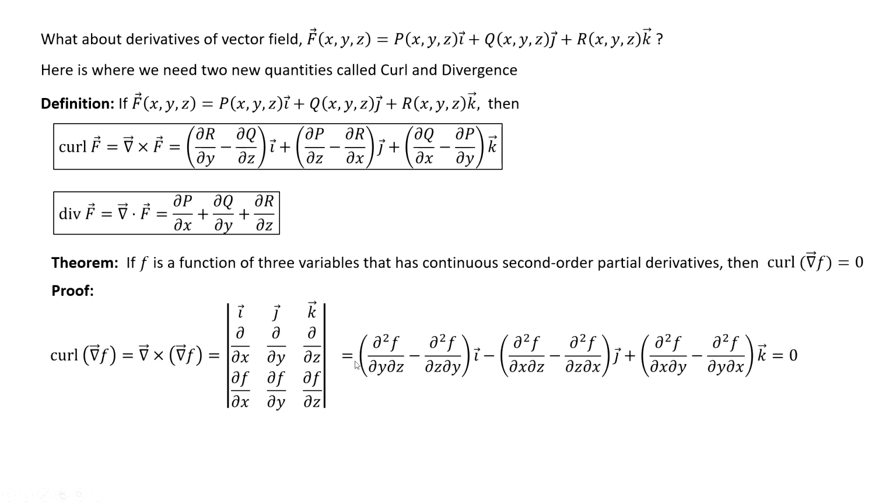If you change the order of differentiation, it shouldn't make any difference. Well, that means this right side quantity is exactly the same as the left side quantity, making this go to 0. Similarly, these two are equal, they go to 0, subtract, they add up to 0, these two add up to 0, and that whole thing is just 0. So curl of del f is equal to 0 by Clairaut's theorem.